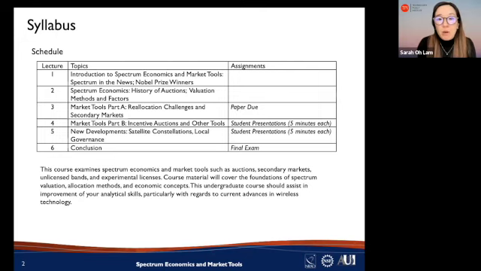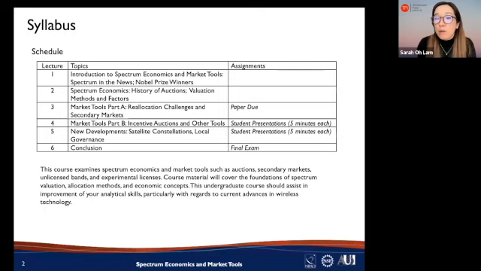Then we'll look at market tools. There are different ways that market mechanisms are used to reallocate spectrum licenses, but there are challenges. And so that's why auctions and markets are designed a certain way to overcome those challenges.